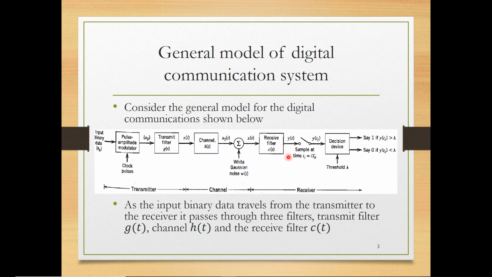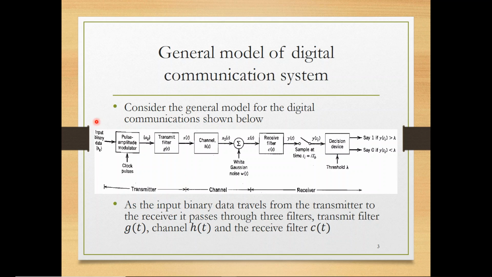After that, you have a receive filter as well to manipulate and adjust your received symbol in such a way that you get rid of the impairments of the channel as much as you can. And then you have sampling and then the decision device. The receive filter here also includes the matched filter. So both of them, we call them in general the receive filter.